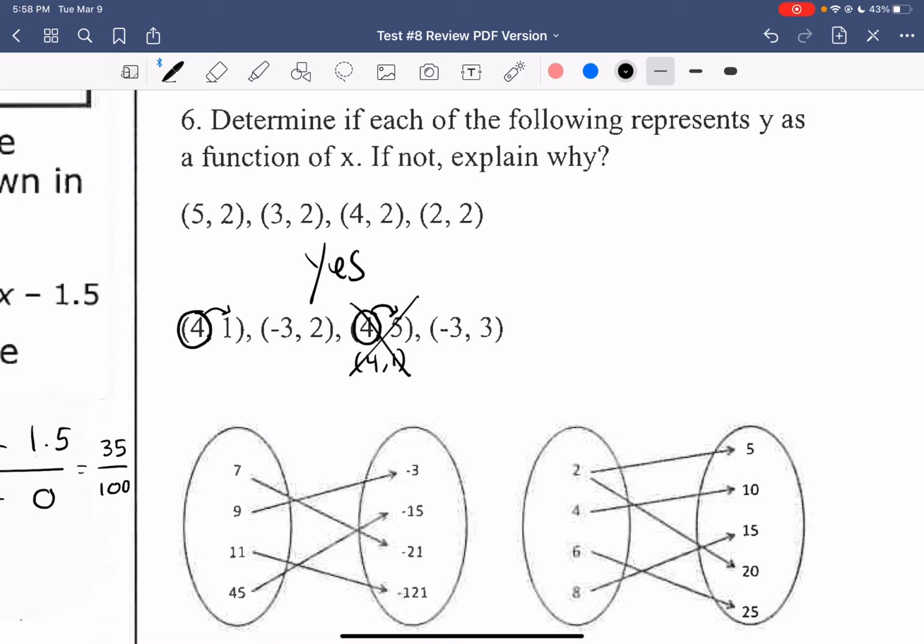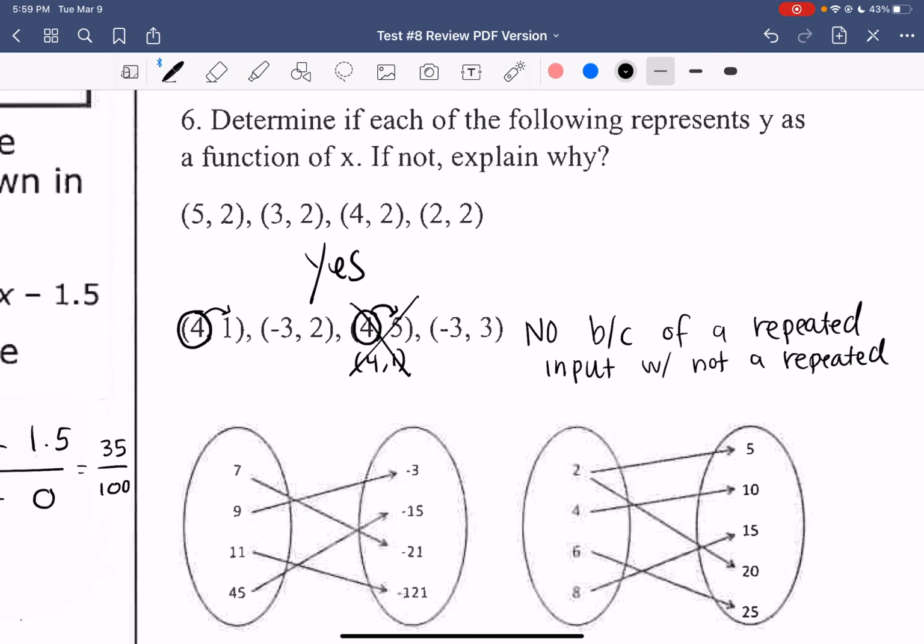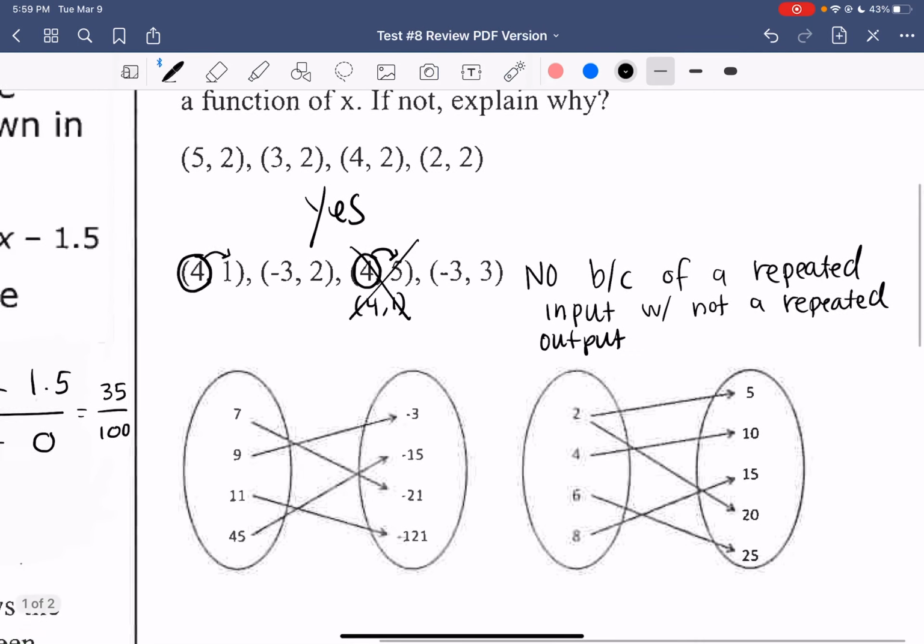But in this case, it's not, and that is why. So no, because of a repeated input with not a repeated output.